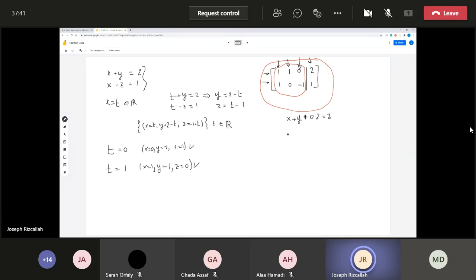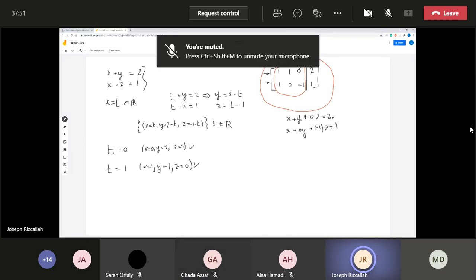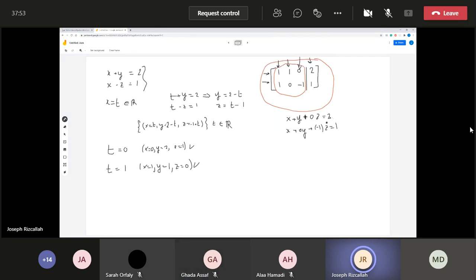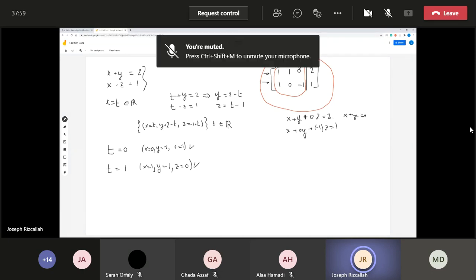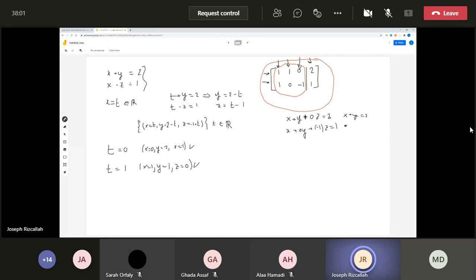And the second equation says x plus 0y plus minus 1z, minus z, equals 1. Now we can simplify this, and this gives me x plus y equals 2. And the second equation gives me x minus z equals 1, which is exactly my initial system, this system.